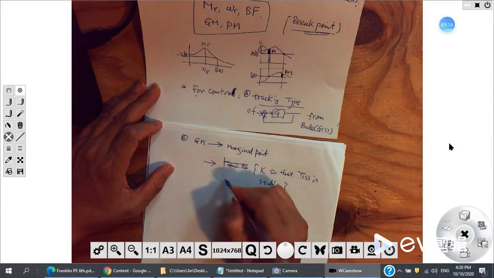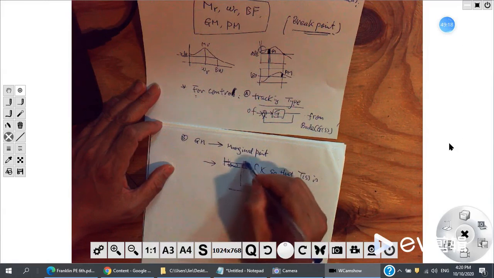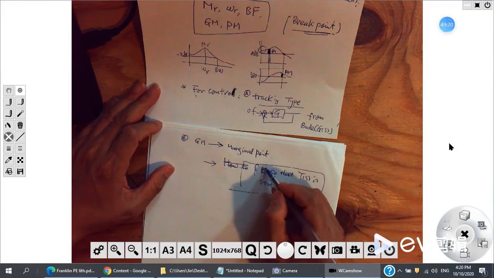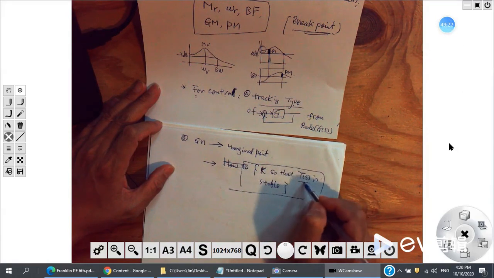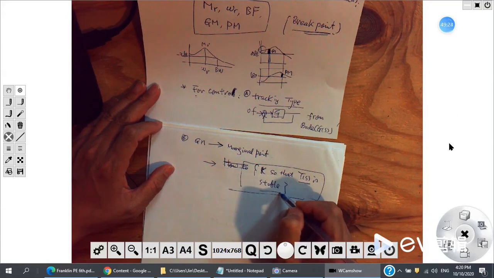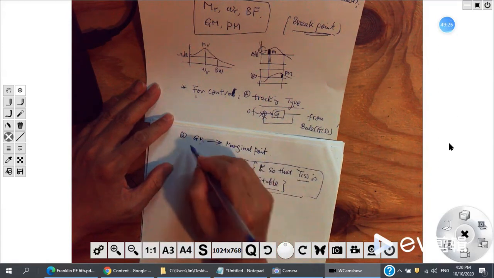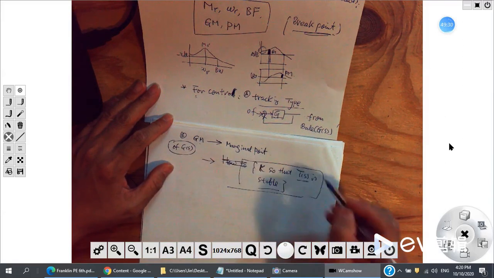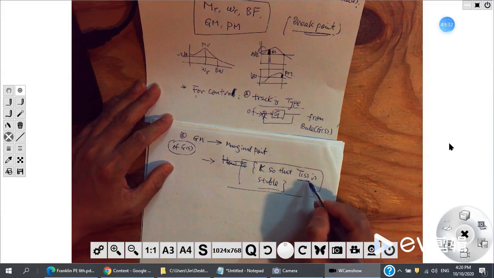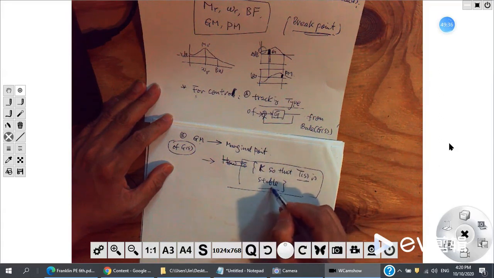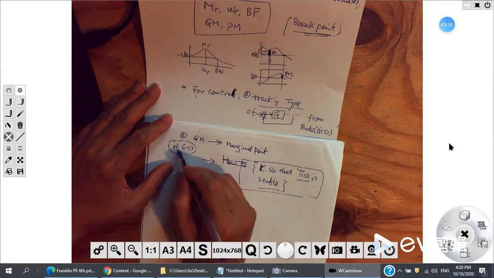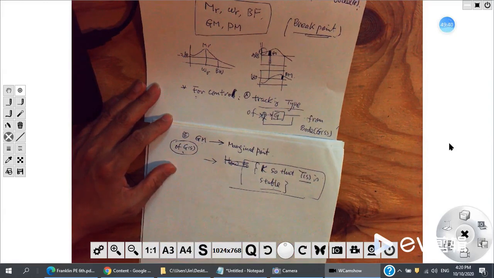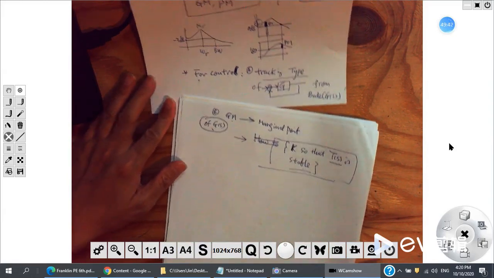Yeah, it is related with this one. You find the range of K so that the overall system is stable. From the gain margin of G(s), you can find the range of K so that T(s) is stable. Right. This is a closed loop. This is an open loop. Okay. This is the second one.